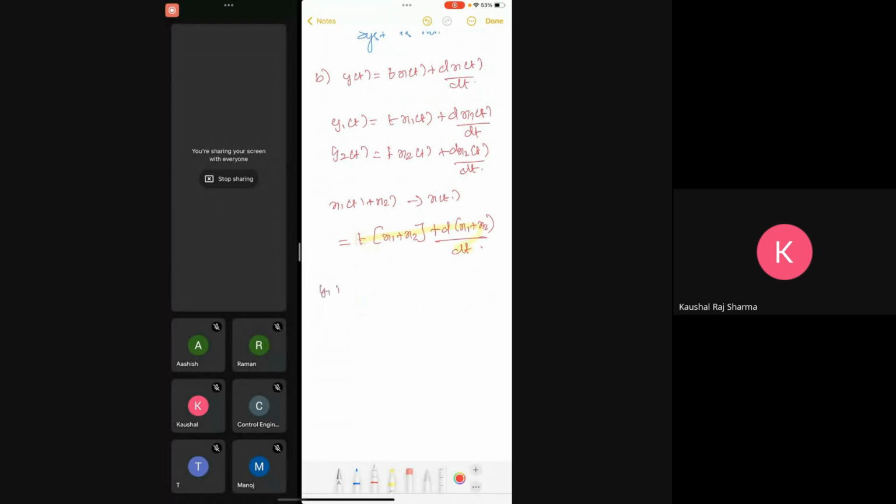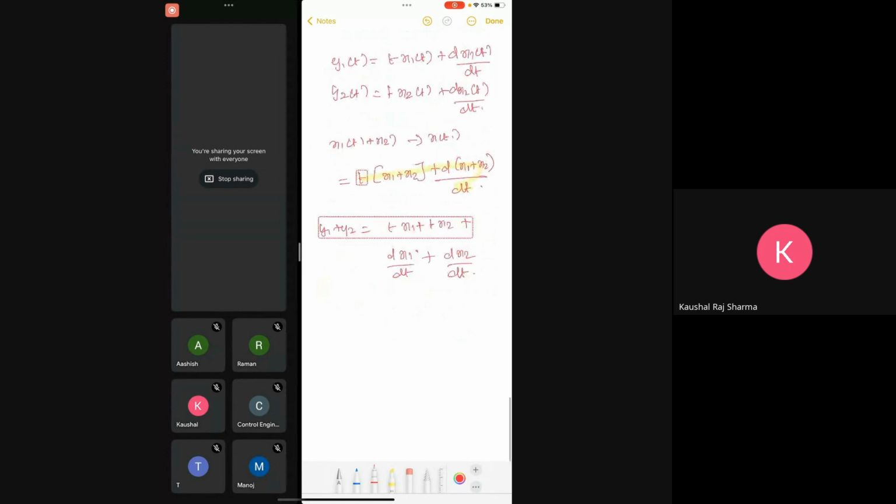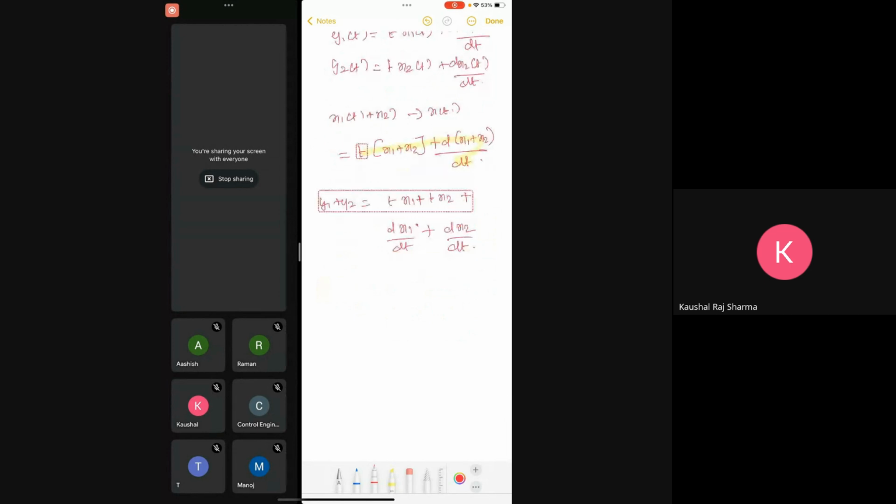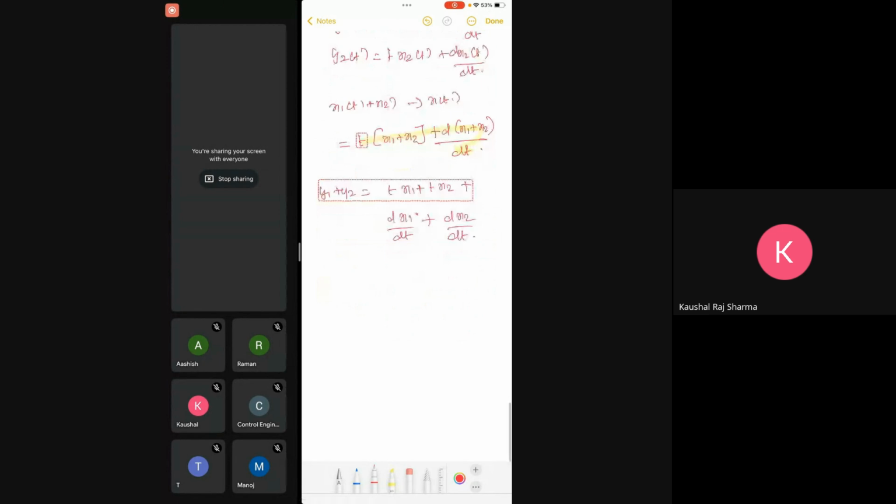Another one, y1 plus y2 would give me tx1 plus tx2 plus dx1 by dt plus dx2 by dt. Now, can I take this as a common multiplier?